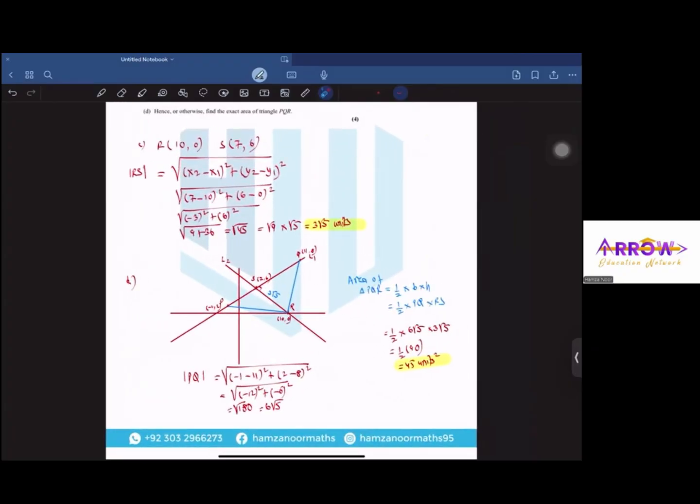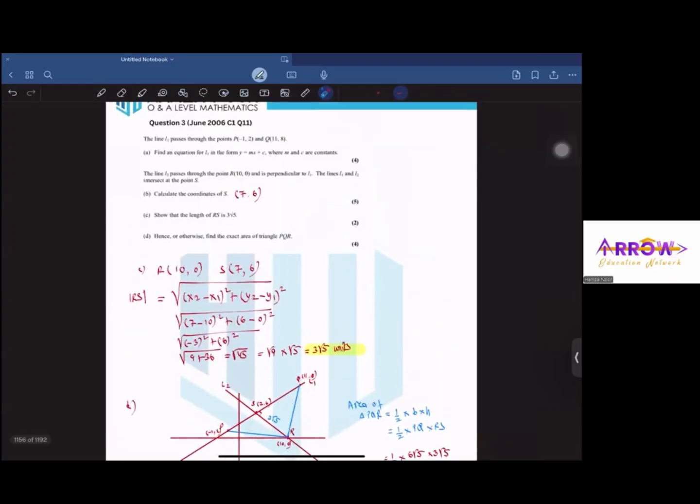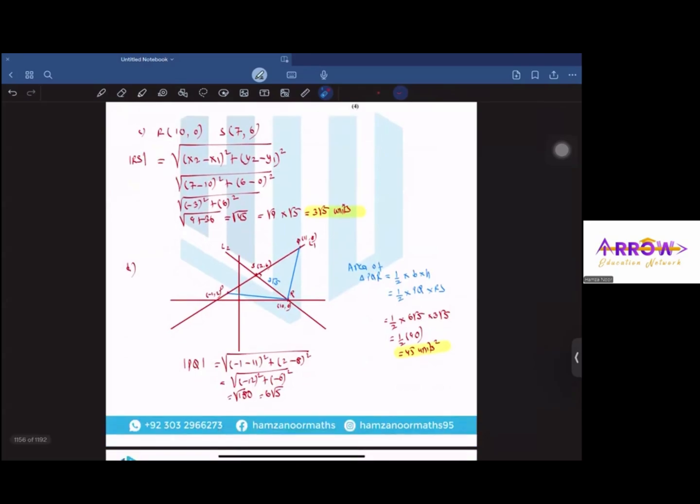Otherwise, what I did earlier was that whatever information was provided to you in the question and whatever information you have obtained in the earlier parts, you can use them and make a very rough sketch.